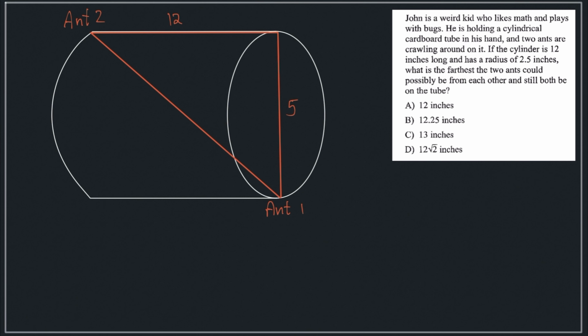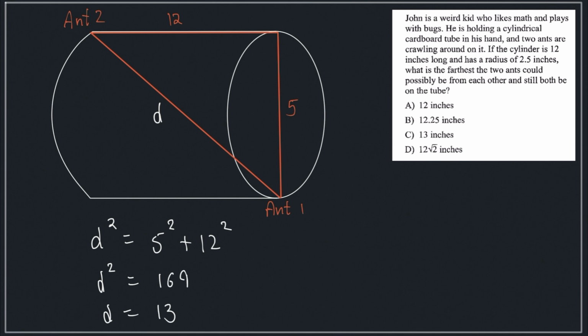If we know that the length of the cylinder is 12 inches and diameter is twice the radius, or 5 inches, then we can easily find the diagonal of the cylinder by using Pythagorean theorem. Diagonal square equal to 5 square plus 12 square, or 169. Square root of 169 is 13. Therefore, the largest distance possible between the two ends is 13.